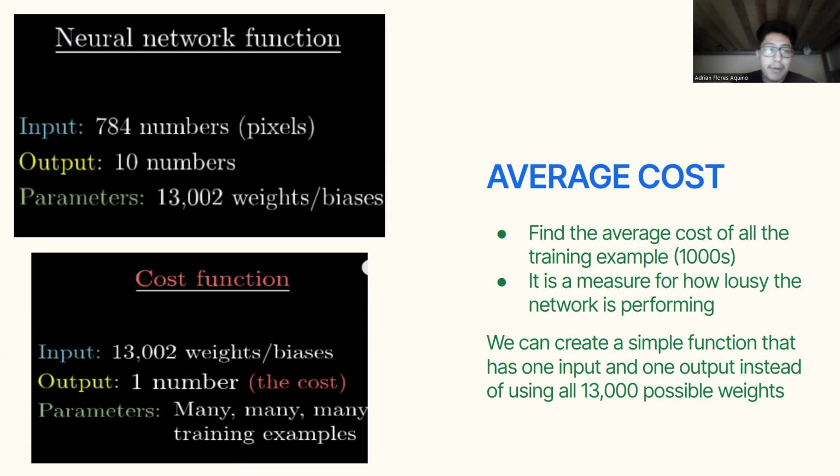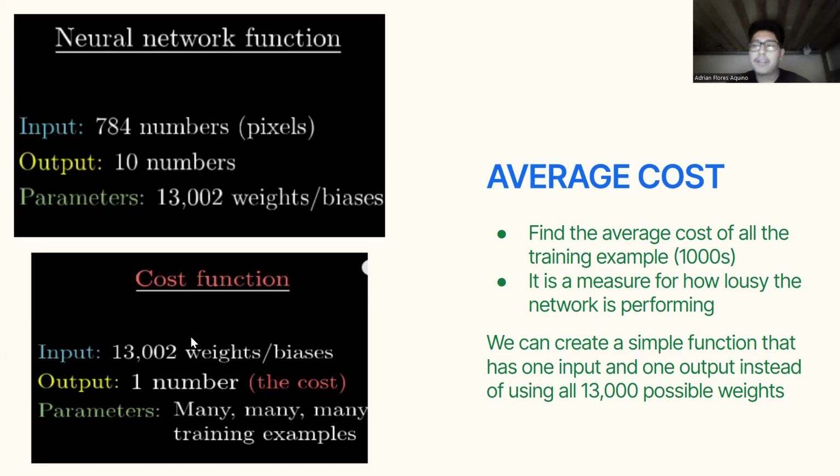As you can see right here, the cost function takes the total input of 13,000 weights and biases as the input, and the parameter is the thousands of training examples. The output is one number, which is the cost. Compared to the neural network, which takes a lot fewer input numbers or pixels, the parameters would be 13,000, which is when it starts switching to the cost function.